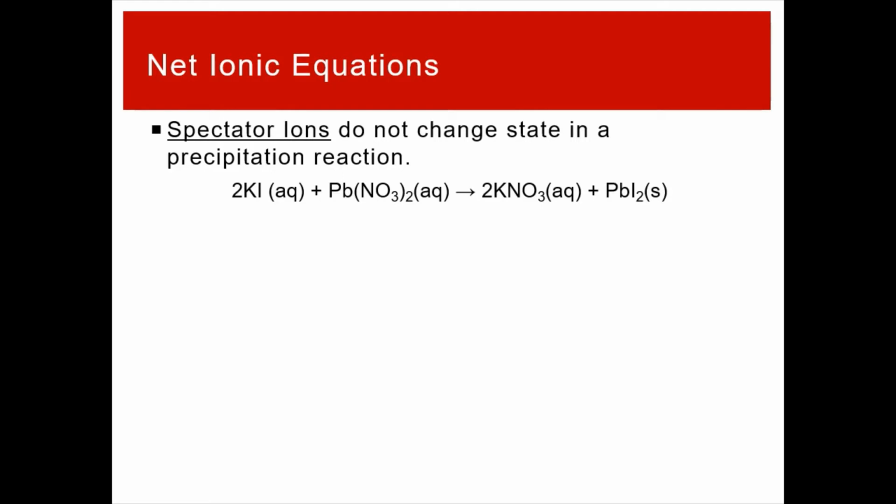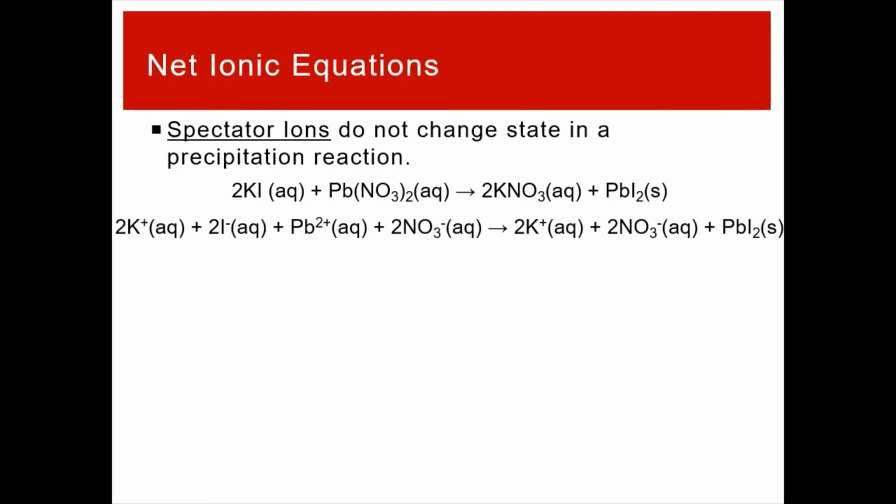So if we look at this example, if we want to identify what the spectator ions are, we know that when we write this KI aqueous, KI is an ionic compound, and we're saying that it's aqueous. We're saying that it's dissolved in water. What that means is that the ionic compound dissolved in water, we know that it's really K cations and iodide anions, right?